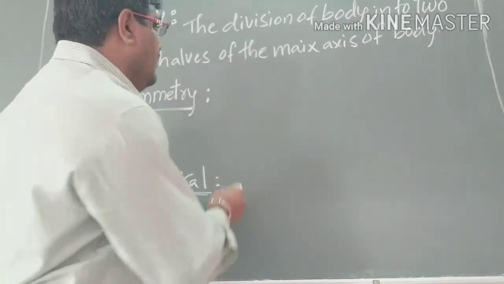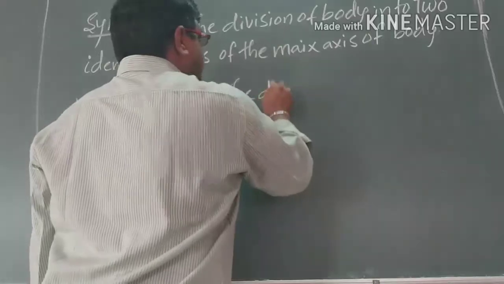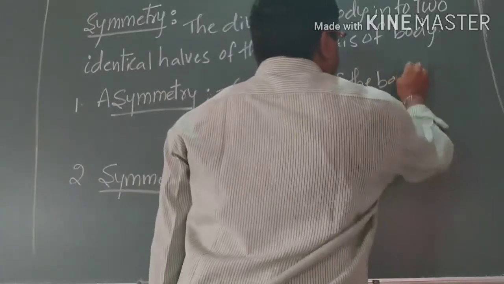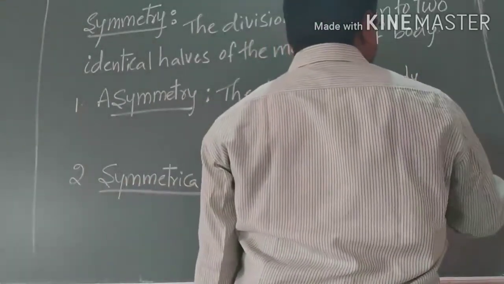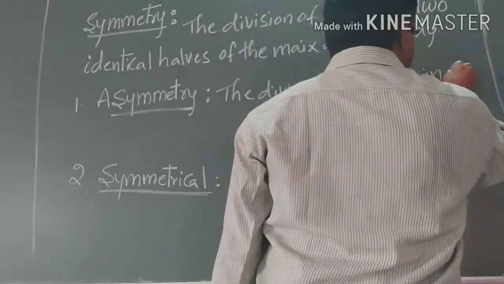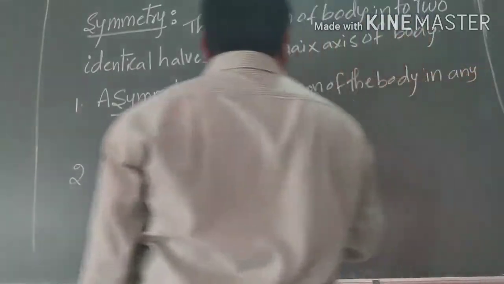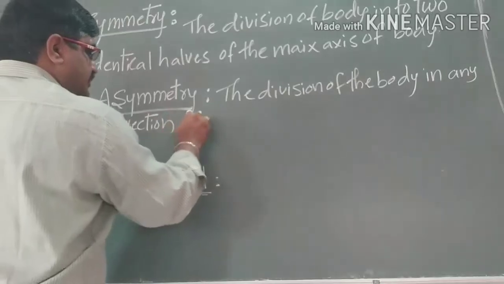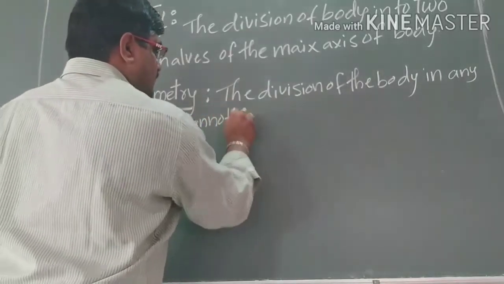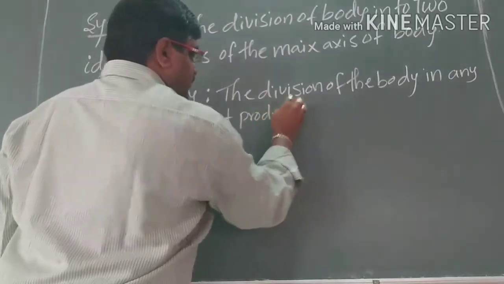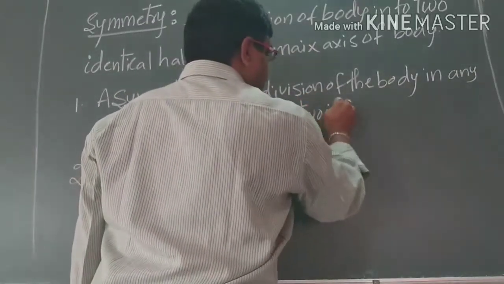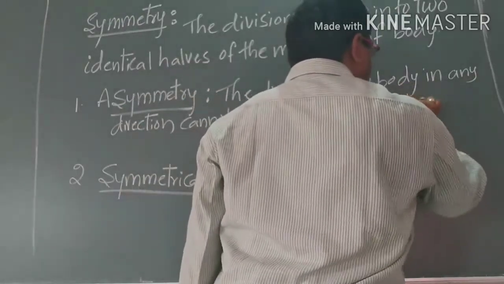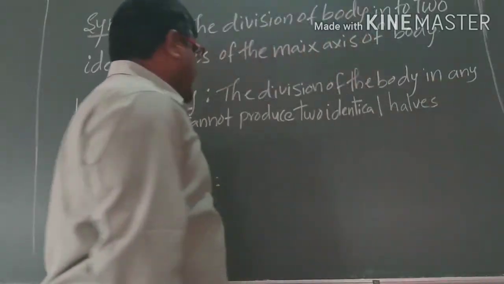That means the division of the body in any direction cannot produce two identical halves, then it is called asymmetry.